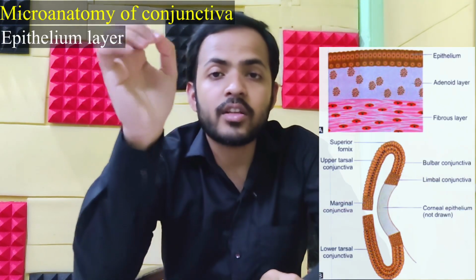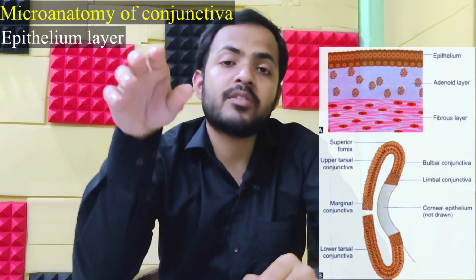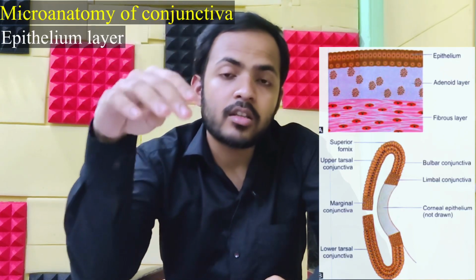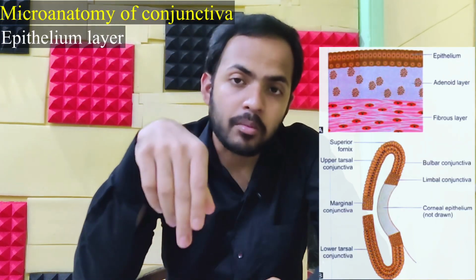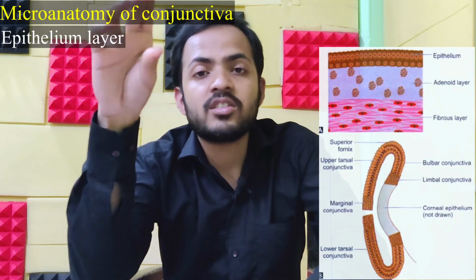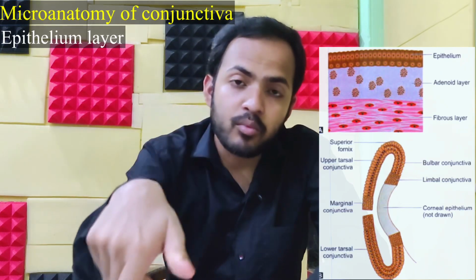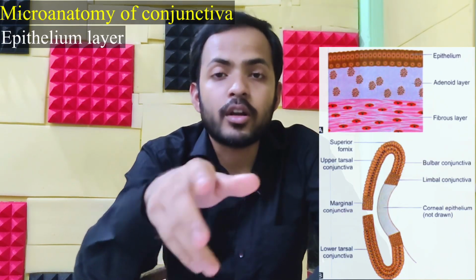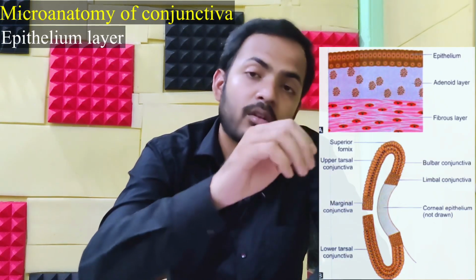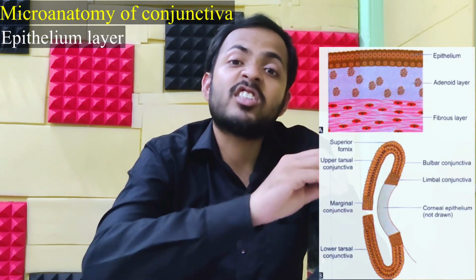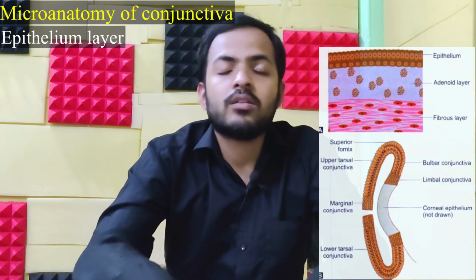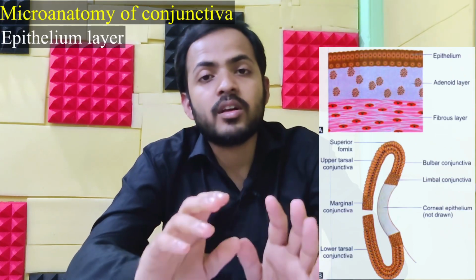The fornix and the bulbar conjunctiva have 3 layers of epithelium: superficial, middle and deep. The superficial one is cylindrical, the middle one is polyhedral and the deep one is cuboidal. And in limbal conjunctiva, it is 5 to 6 layers. So these are the basic parts of the epithelium.